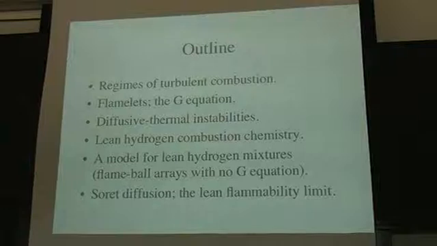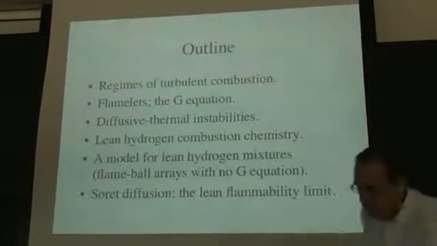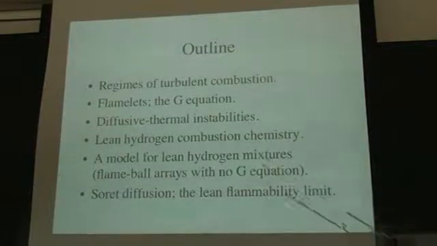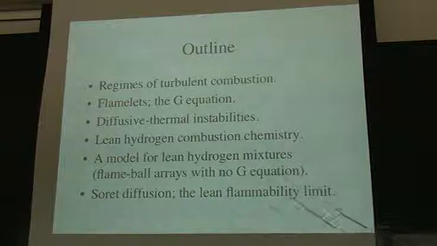Okay. So the first thing I'll do is show a diagram of regimes of turbulent combustion, and then talk about flamelets, and that's where the G equation applies. Then I want to say some things about instabilities, known to lots of you.